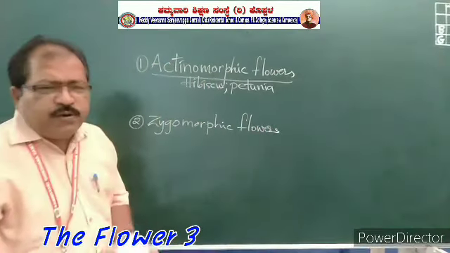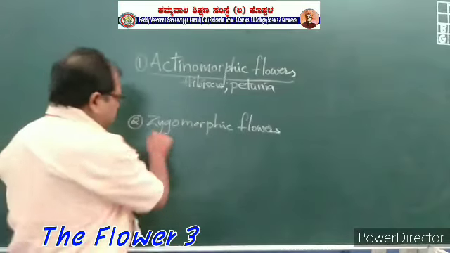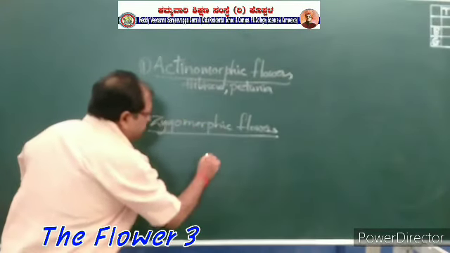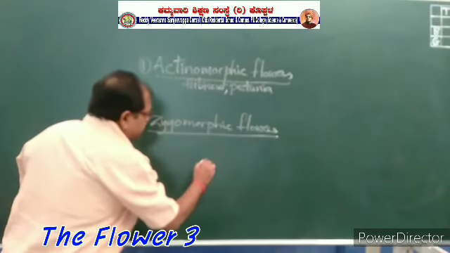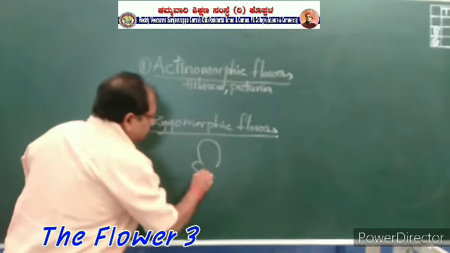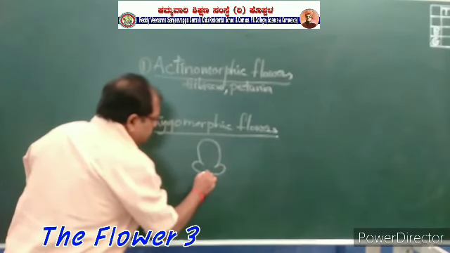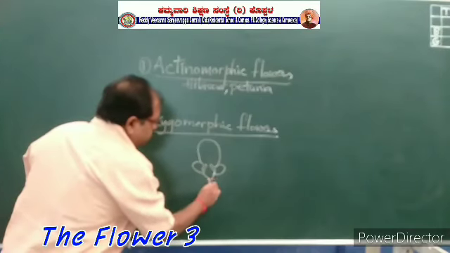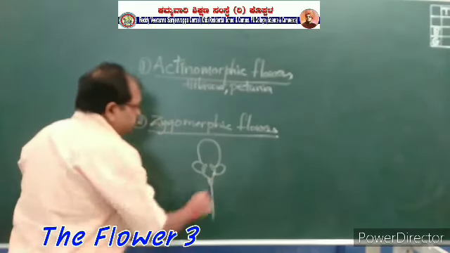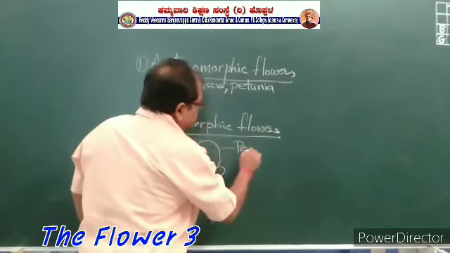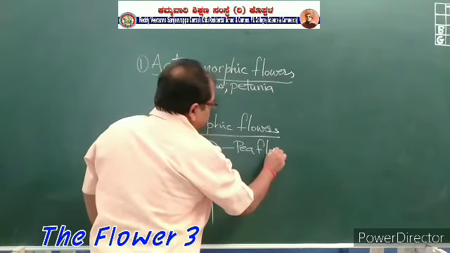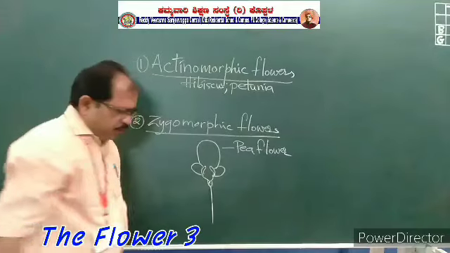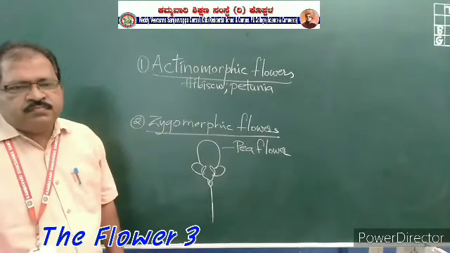In the zygomorphic flowers, suppose you take a flower like this, this is the pea flower, Pisum sativum.